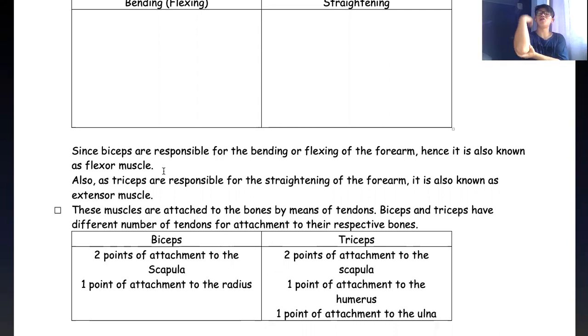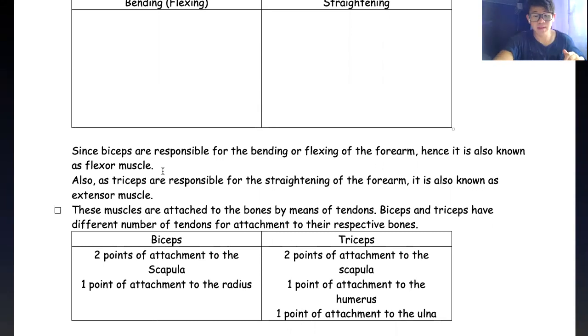Okay, and the tricep is known to extend your arms, so straighten your arms. So now whenever this muscle contracts, this is what we call the extensor muscle. So we have different names: flexor muscle, extensor muscle. It simply means bicep, tricep.